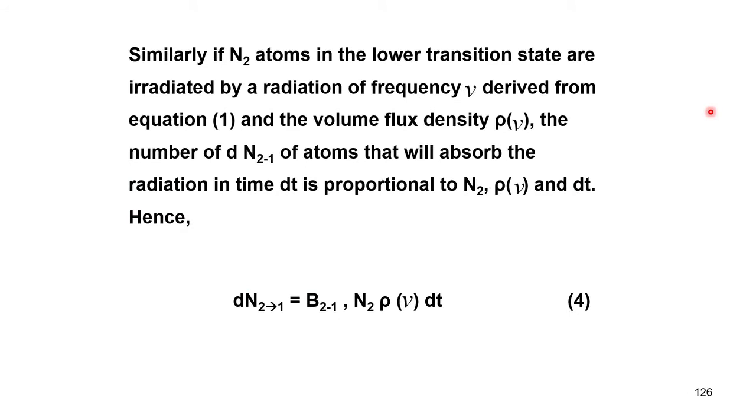Similarly, if N2 atoms at the lower energy state are irradiated by a transition frequency, that is the quantum mechanical frequency nu derived from equation 1, and the volume flux density is rho nu, the number of atoms that will absorb the radiation in time dt is proportional to N2, rho nu and dt.